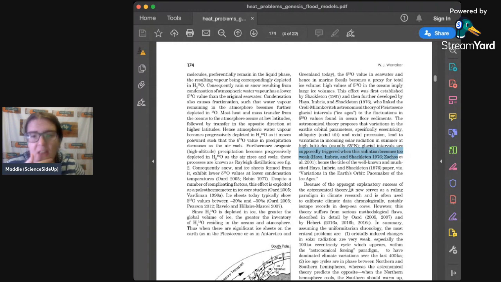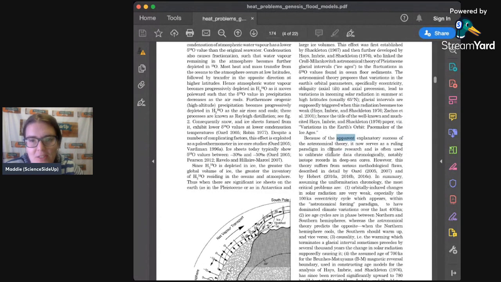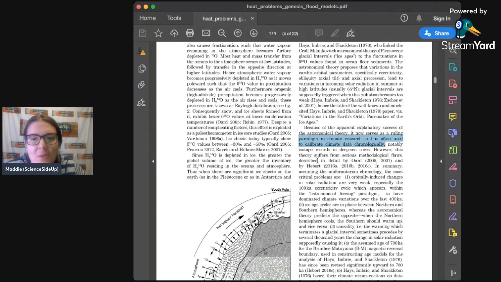Because of the apparent explanatory success of the astronomical theory, it now serves as a ruling paradigm in climate research and is often used to calibrate climate data chronologically. Cool. Notably, isotope records in deep sea cores.